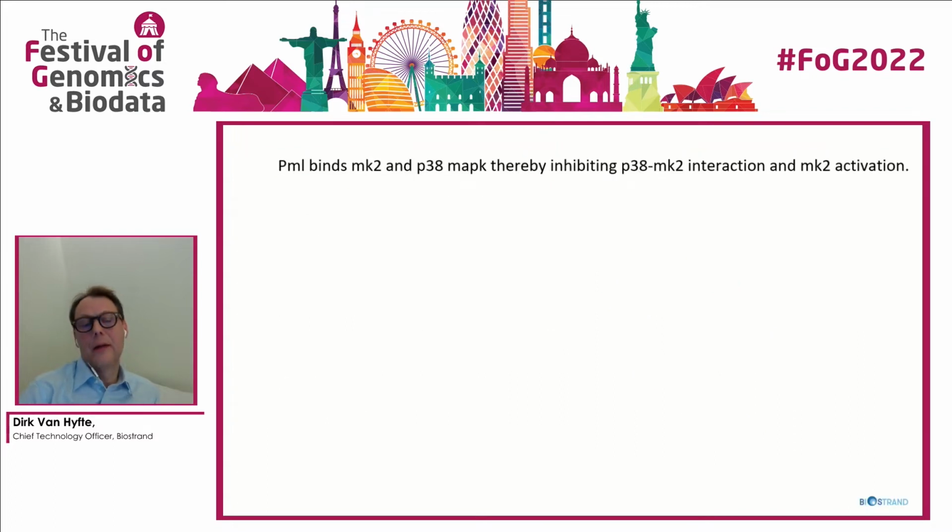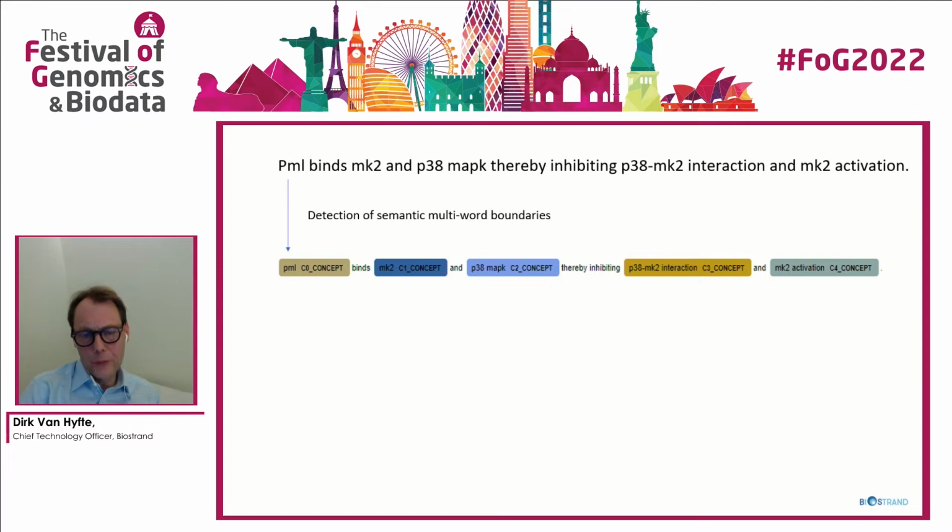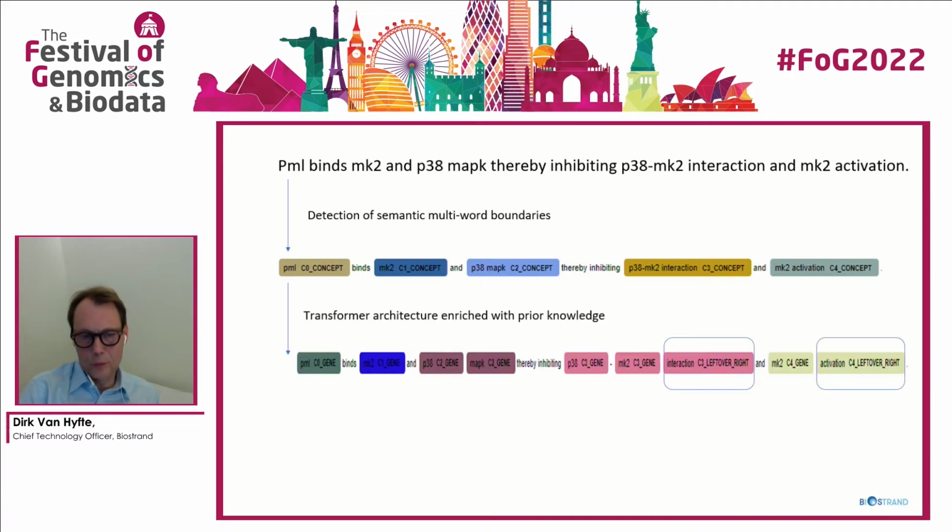Let's look at a sentence. It looks maybe a little bit complicated, as you can see here. So the first step we are doing is detecting the semantic word boundaries. And in this sentence, we can find 5 different word groups. The next step is, for instance, using the famous BioBERT or transformer architecture models and doing the tagging of these concepts.